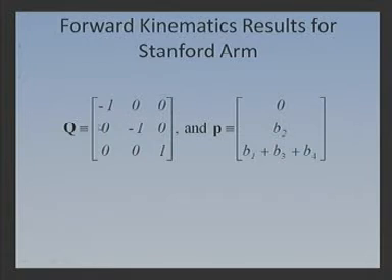matrix where the first column is -1 0 0. If we compare with our direction cosine representation of a rotation matrix, this means the x axis of the end effector coordinate frame is the negative of x 1.